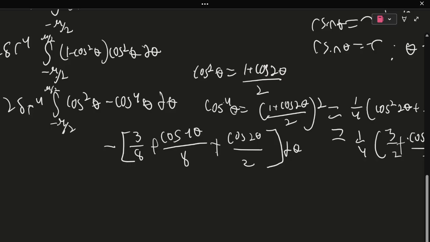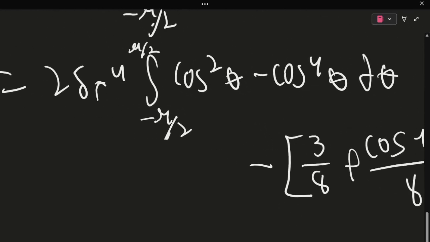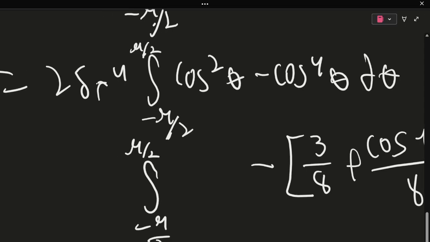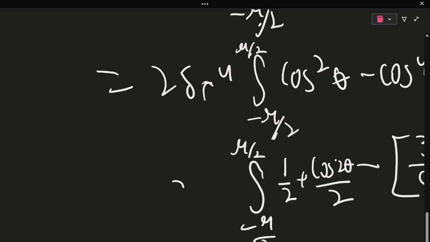Now we have our cosine squared of theta, which we can go ahead and also expand out to 1/2 plus cosine of 2 theta over 2. And then we can add our constants out front.